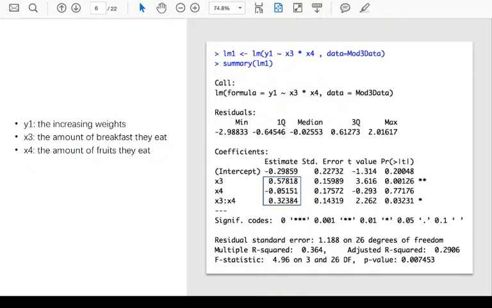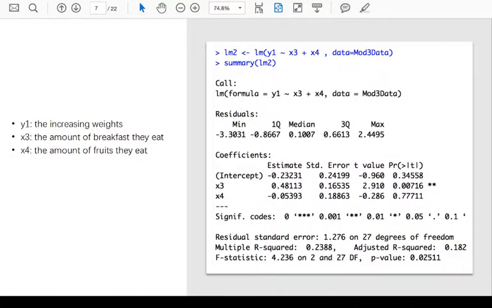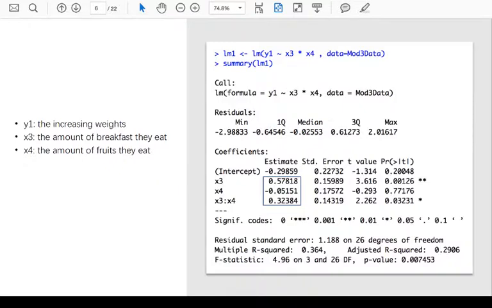Because the interaction effect is significant, I ran another regression here ignoring the interaction effect to make sure the main effect of breakfast holds. We can find it has higher residuals and higher standard errors, which means the model that contains the interaction effect can better describe the relationship.